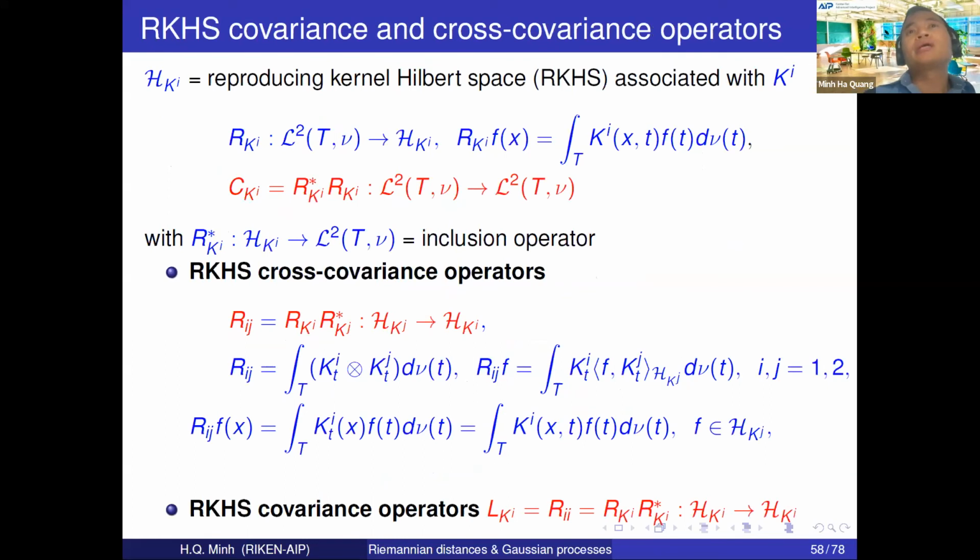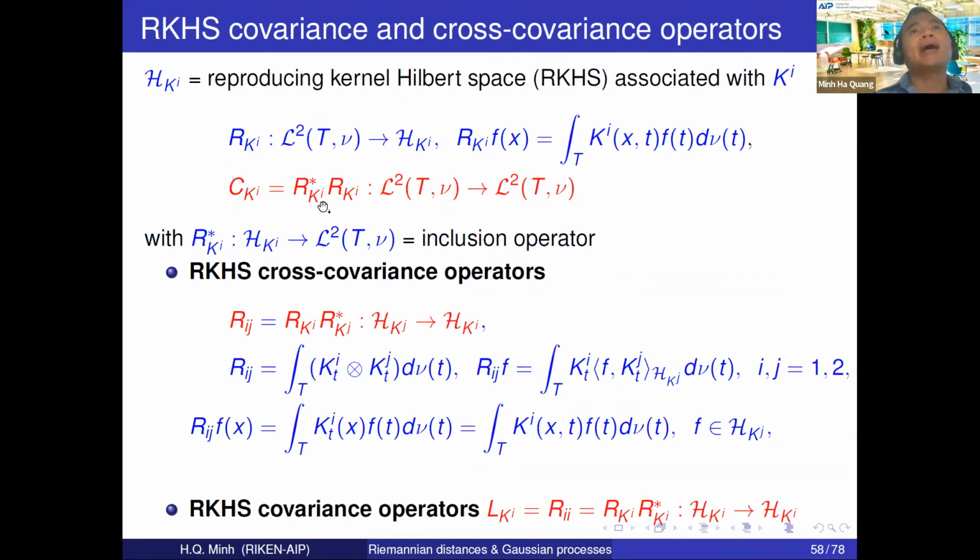Maybe I will just go over this briefly, because it has a lot of information. We can define the operator R_Ki from L2 to H_Ki using this formula here. Then C_Ki is R_Ki transpose times R_Ki, where R_Ki transpose is just the inclusion operator.